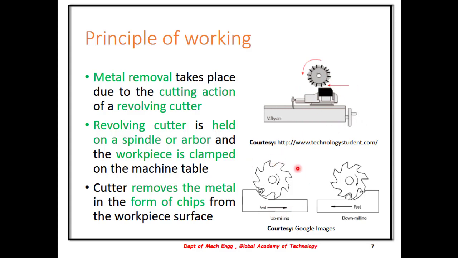The method of removal of the material involves either giving the feed from left to right, that is upwards, hence called up milling, or from right to left, that is downwards, hence the name down milling. However, down milling is usually preferred as the cutting forces are reduced to a larger extent when the machining operation is in progress.